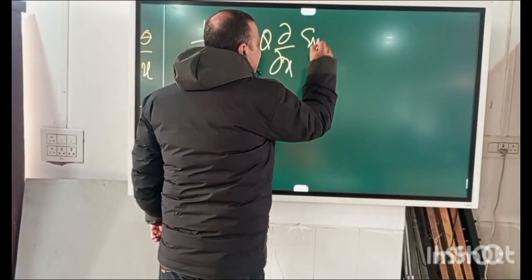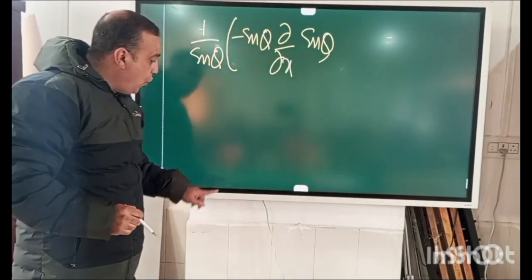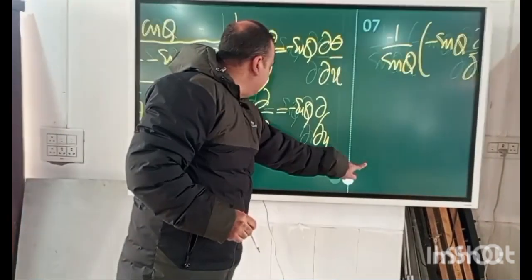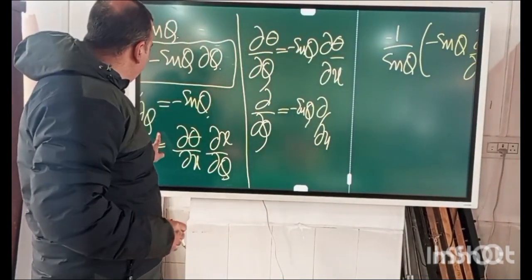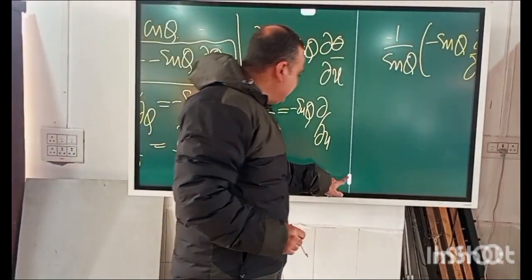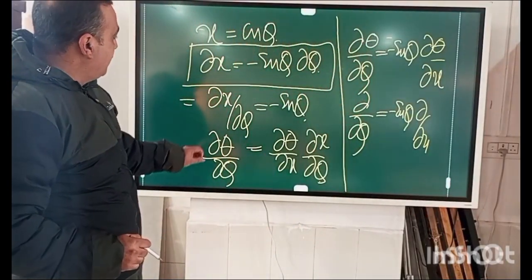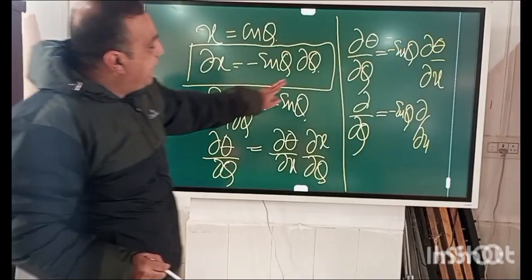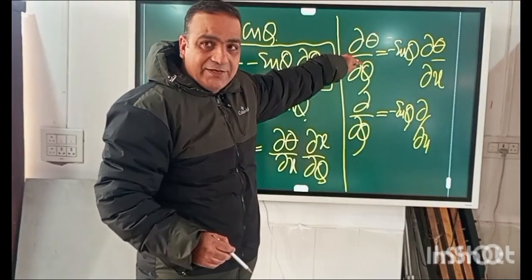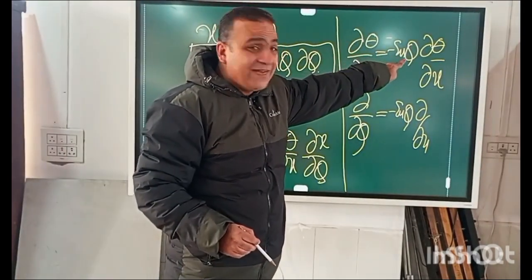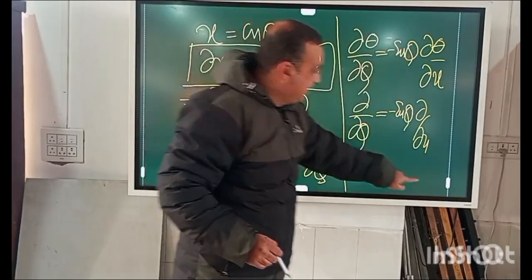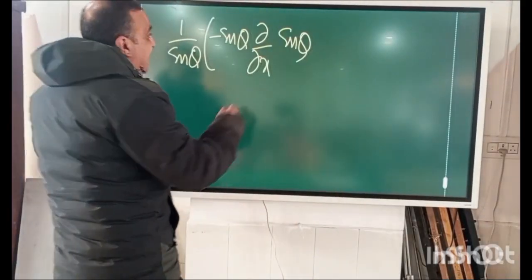Then you have the original sine theta. Then dou capital theta by dou small theta, that's minus sine theta dou theta by dou x. Tell me that: minus sine theta.